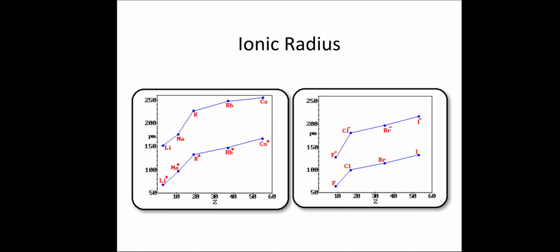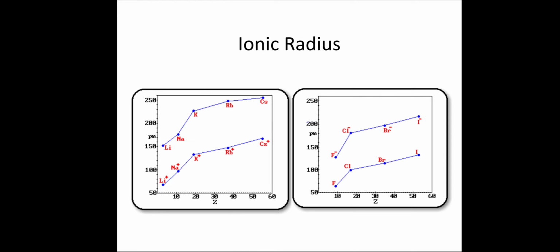So this graph suggests the patterns of ionic radius and compares the radius of neutral atoms and charged ions.